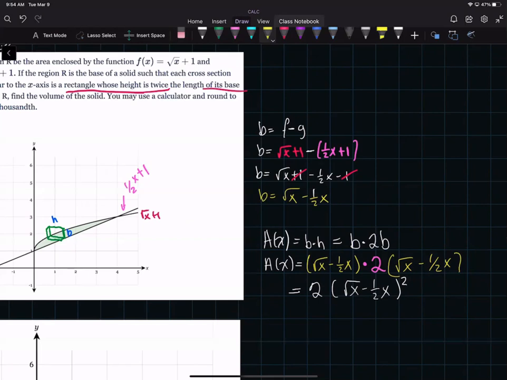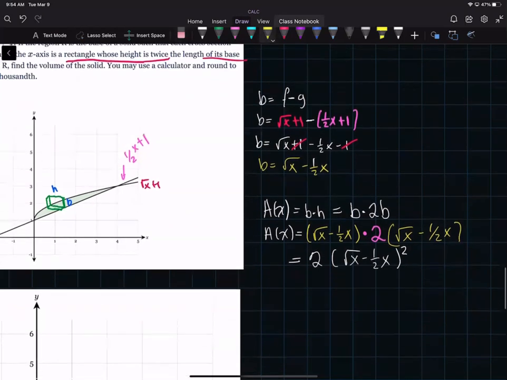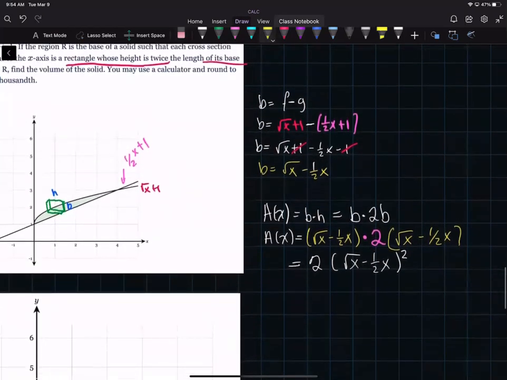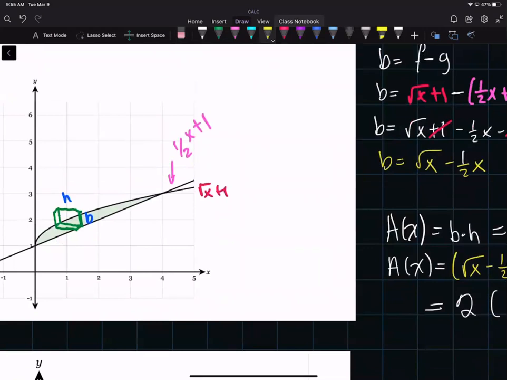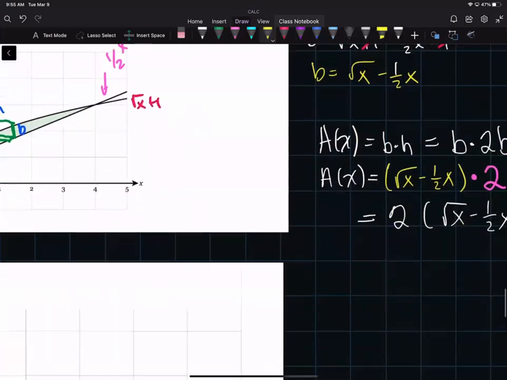Yeah, twice the amount of the base. So finally, my integral. Okay, I also don't have my limits. Give me my limits, guys. Where am I stacking these rectangles? From where to where am I stacking the rectangles? Nice. 0 to 4 sounds about right.